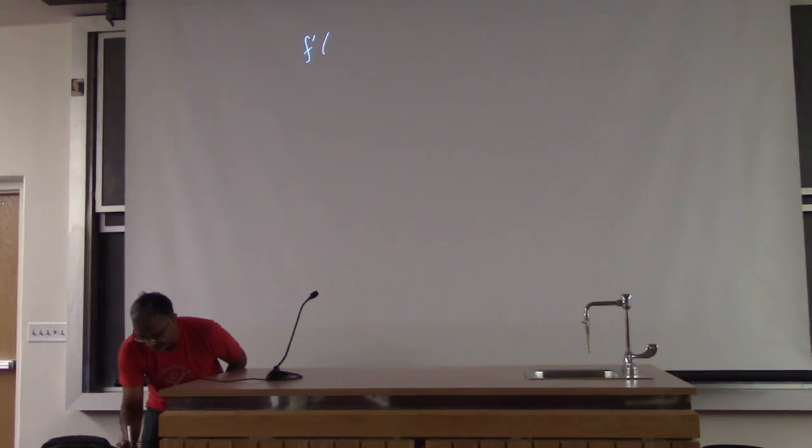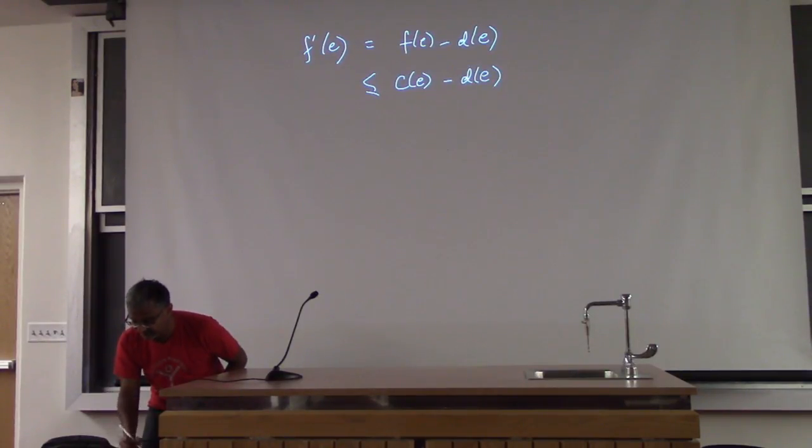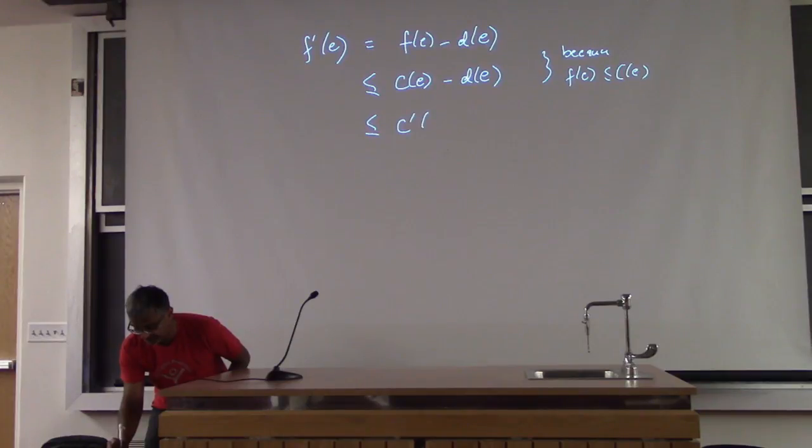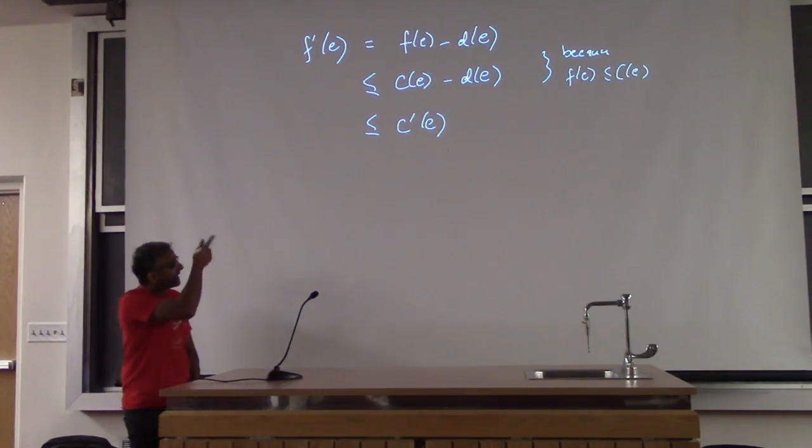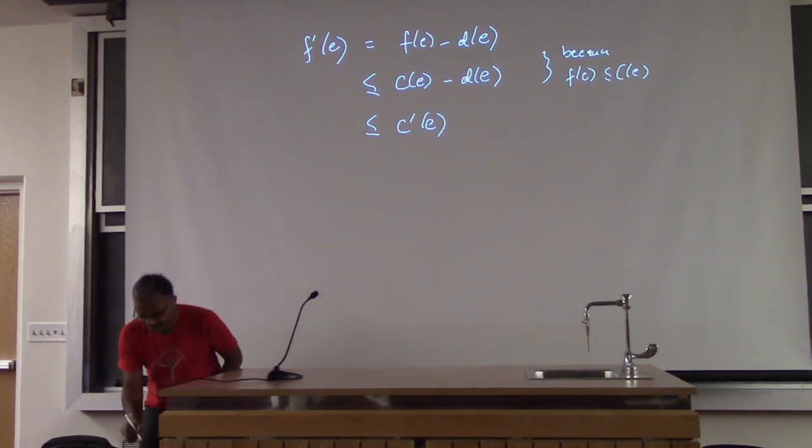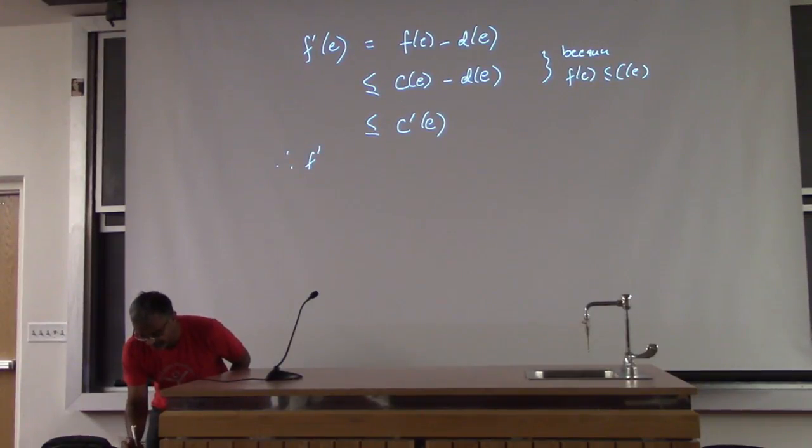We have the flow F prime E, which is equal to F E minus d E, which is less than or equal to C E minus d E, because F is feasible. But this is equal to C prime E, because we've set C prime E to be exactly C E minus d E. Therefore, F prime E satisfies capacity constraints.